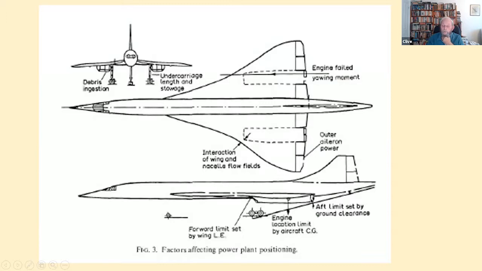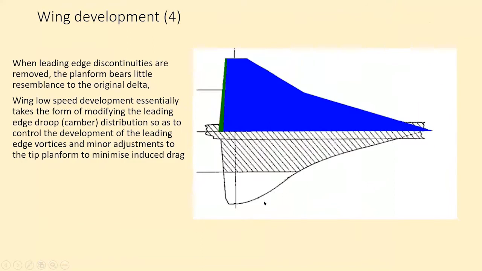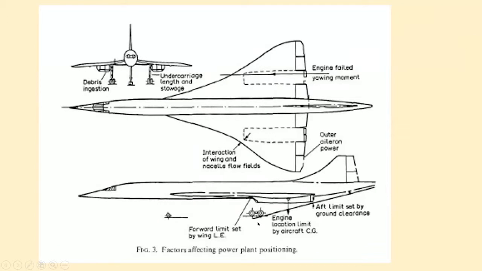That also, of course, is affected by the length and position of the undercarriage, and that, in turn, is affected by where you can get it stowed. So where you put the nacelle on the spanwise location affects the undercarriage location, which affects the ground clearance.